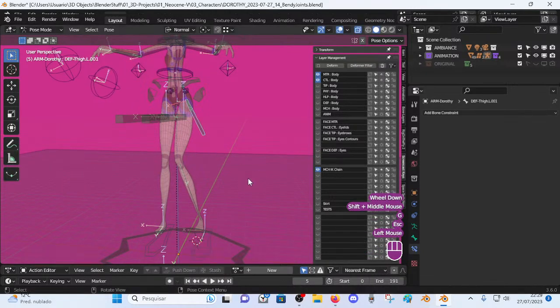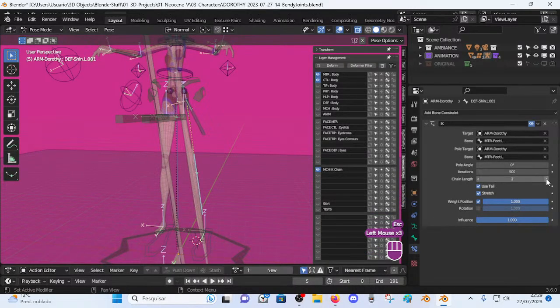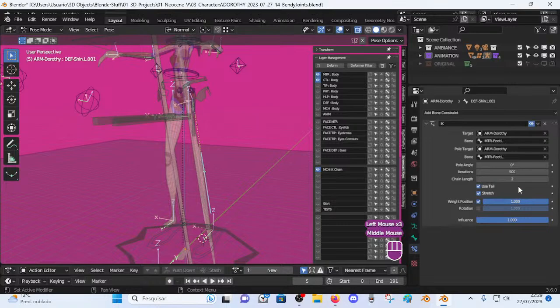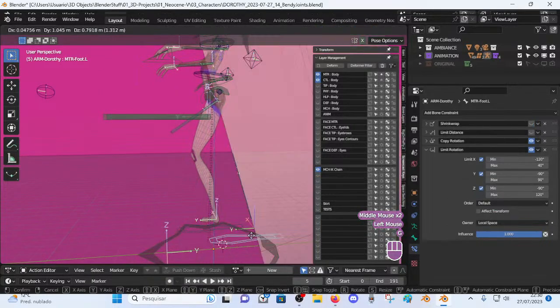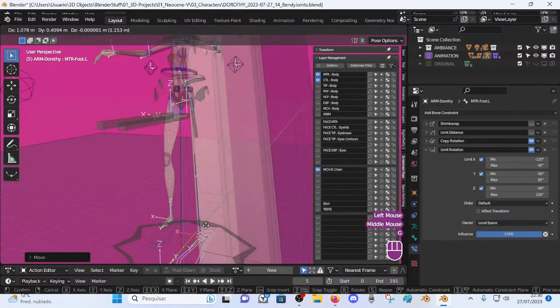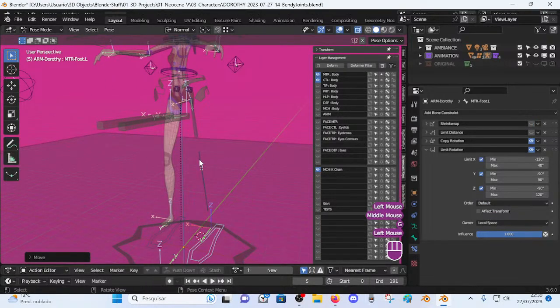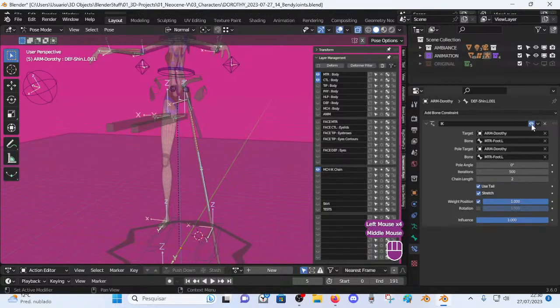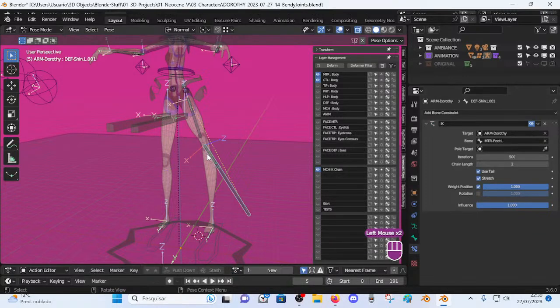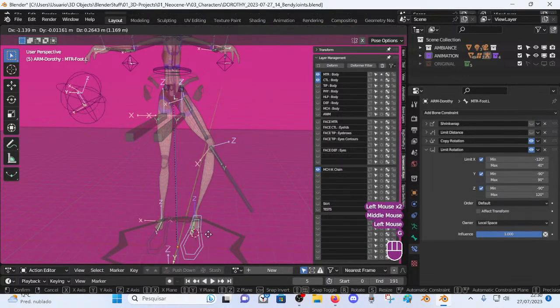The other is not working because it needs a chain length, and well, this is unexpected. Why? Oh, there's something wrong here. The with both targets, yes.